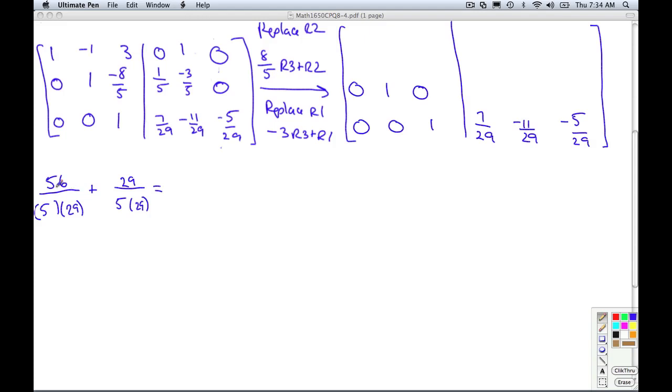So you get 56 plus 29, and 56 and 20 is 76, and then you add 9, you get 85. So, miracle of miracles, 5 goes into 85 17 times. So this is 17/29.